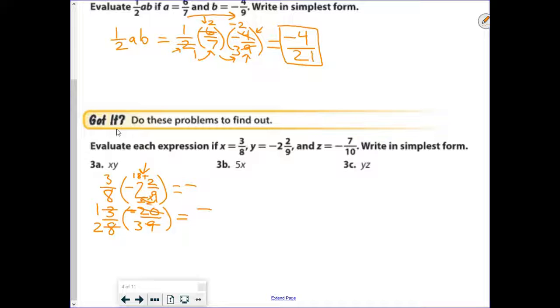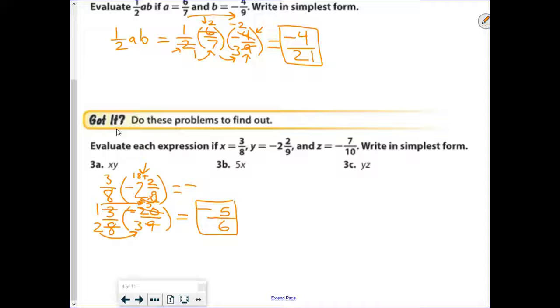So I will make that negative 5. Now I can multiply my 1 times my negative 5, and I will get negative 5. And I can multiply 2 times my 3, and I will get 6. So x times y, or 3/8 times negative 2 and 2/9 equals negative 5/6.